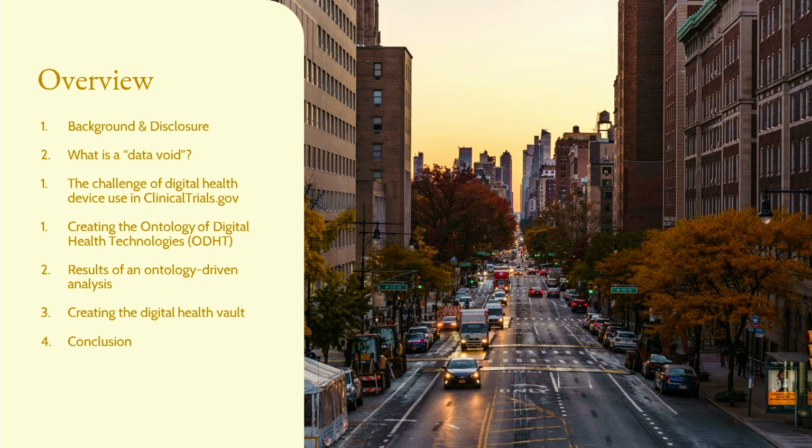And then talk about this particular challenge of a particular data void around trying to map the use of digital health technologies in the data set of clinicaltrials.gov. Then I'll talk about how we went about tackling that, so creating an ontology of digital health technologies, then turn to some of the results that we found, and then talk about this next step that we've taken, which is this idea of a digital health vault that I'm excited to share, and then conclusions.